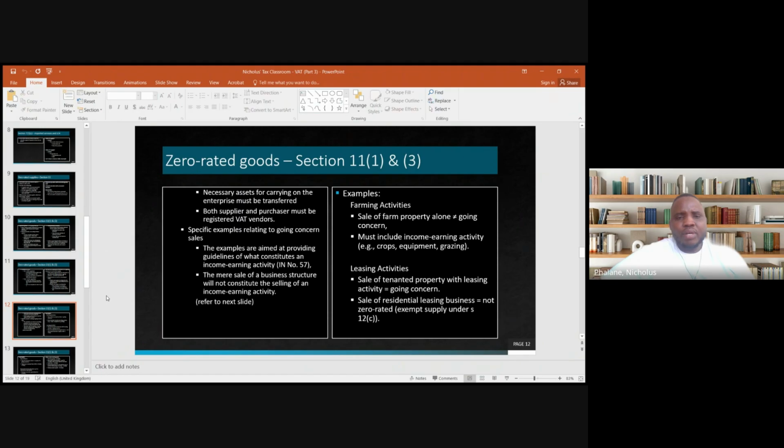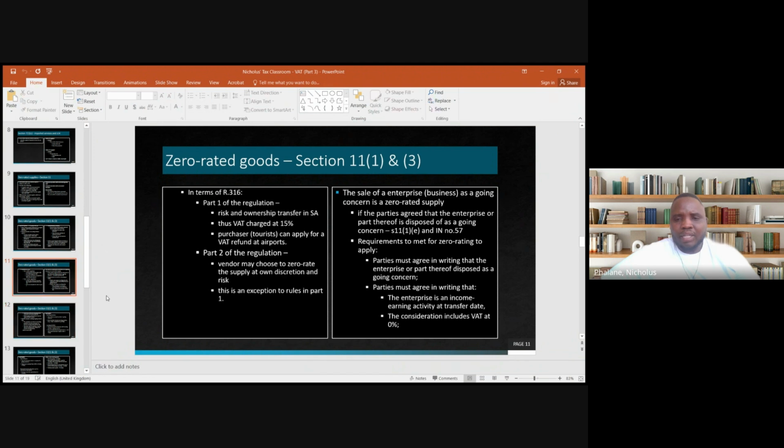So let's just quickly look at specific examples relating to going concern, right? Basically, these examples are aimed at providing guidelines in terms of what constitutes an income earning activity. I think that this is the most important requirement out of all these requirements, right?